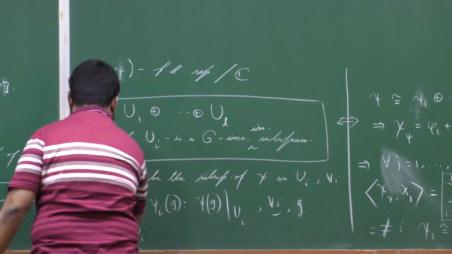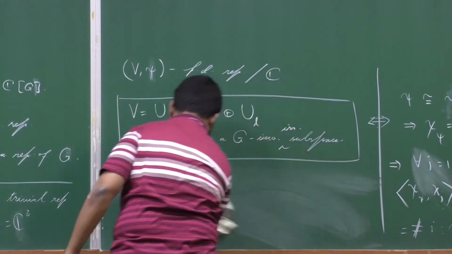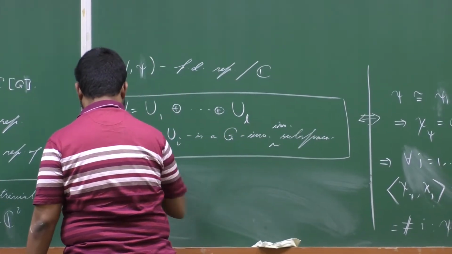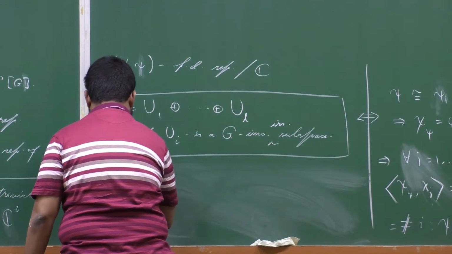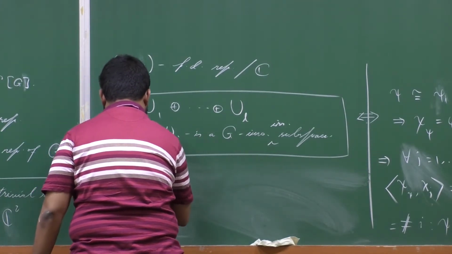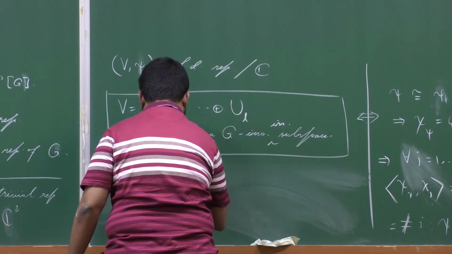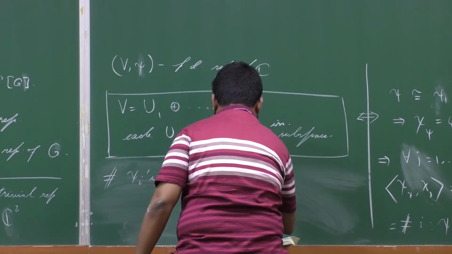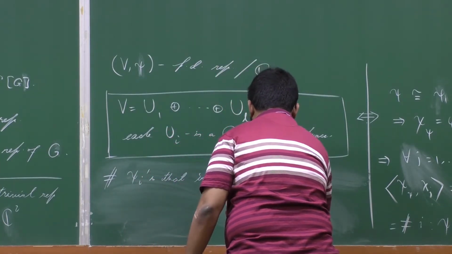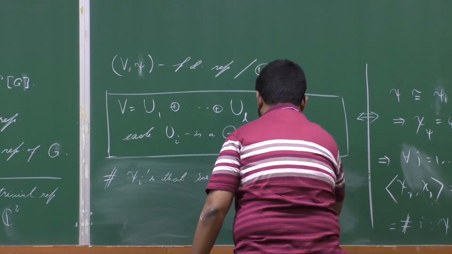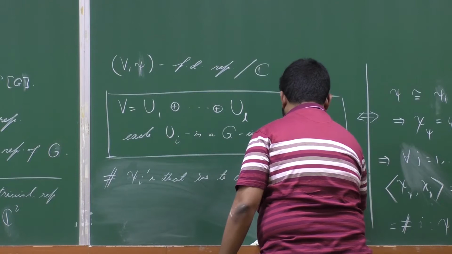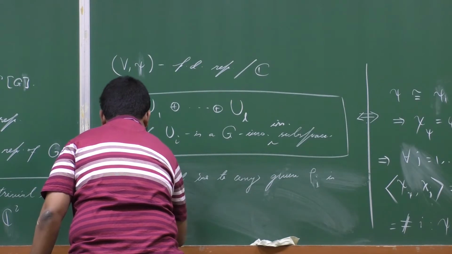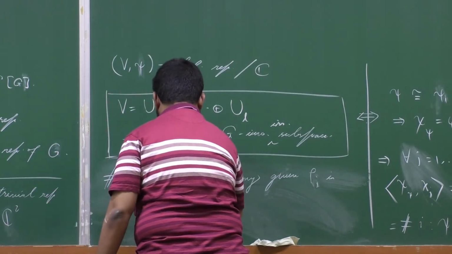So we put it this way: the number of psi i's that are isomorphic to any given rho j is independent of the decomposition.